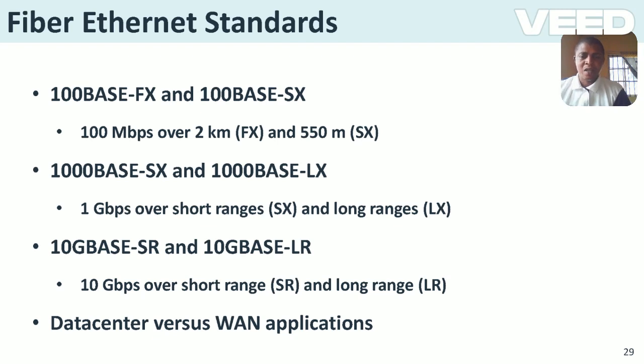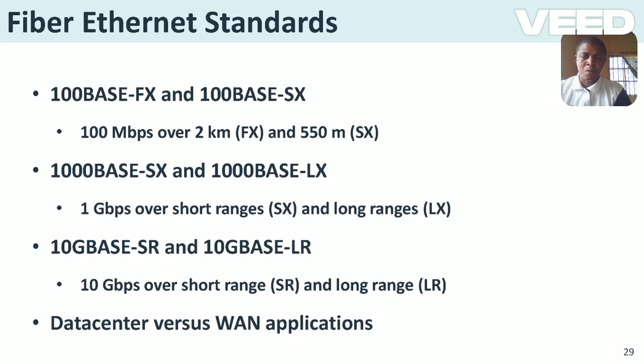The FX means long distance, and the SX means short distance. So 100 megabits over 2 kilometers for FX is a very long distance, and we have 550 meters, which is short distance.